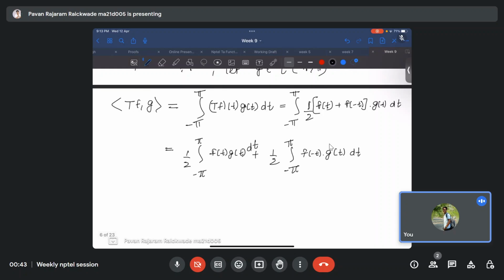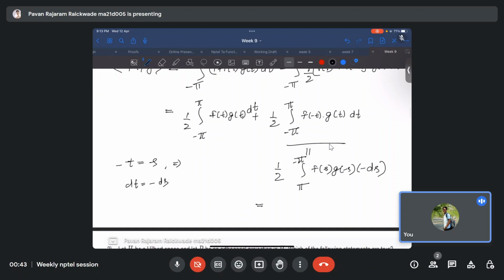Let's look at this last integral. If I do a change of variables, putting minus t equal to s, then this integral changes to one half integral, from pi to minus pi this time. It looks weird, but that's because you have changed the variable from t to minus t. It becomes f at s and g at minus s, and dt goes to minus ds. Taking the minus outside, the integral goes again from minus pi to pi of f(s)g(minus s) ds.